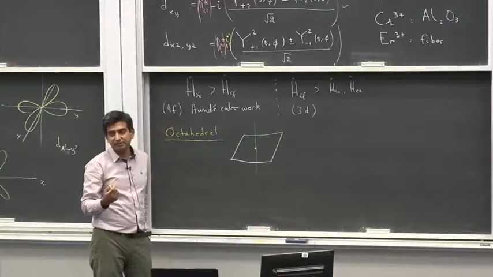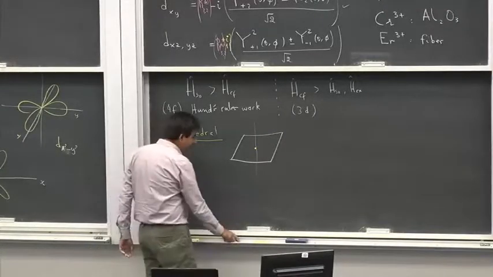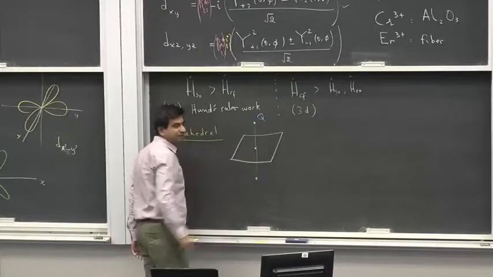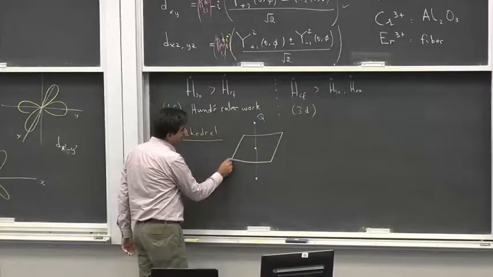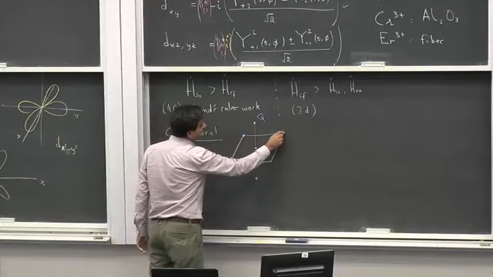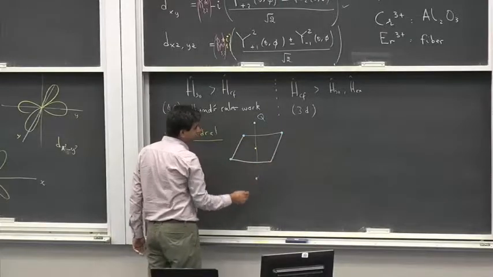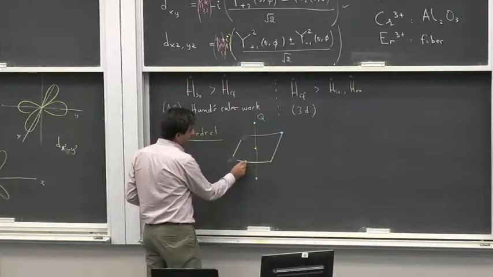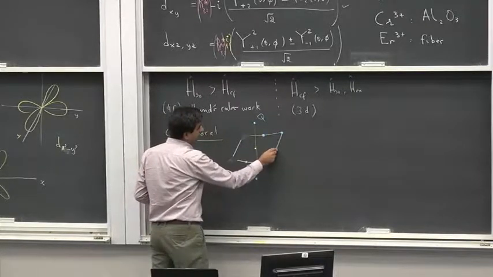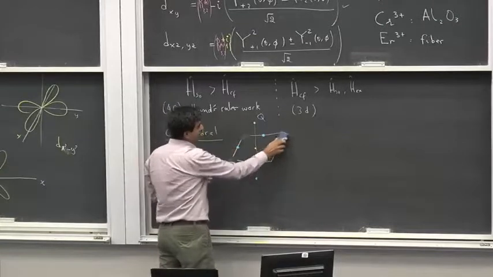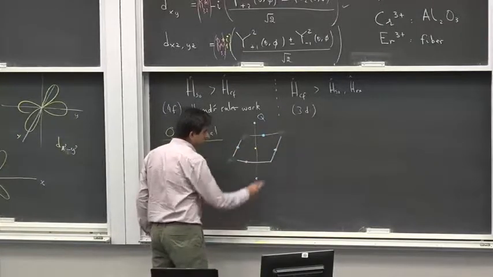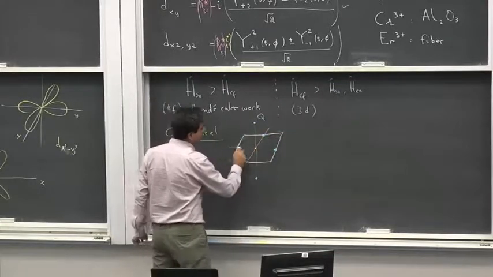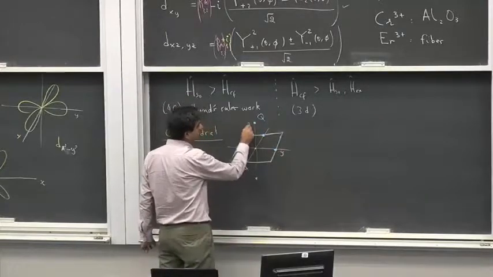This assumption breaks down in certain cases, but for simplicity, let's assume that the 6 are anions, each carrying a negative charge q, as a point charge. This is my x-axis, this is my y-axis, this is my z-axis.